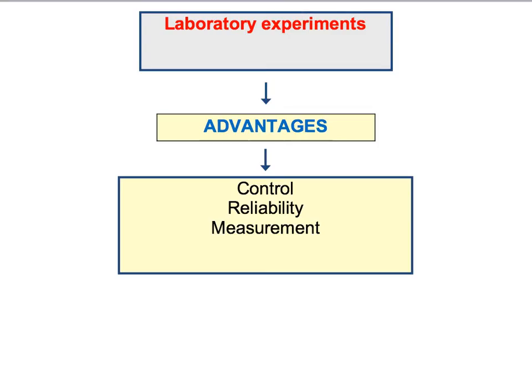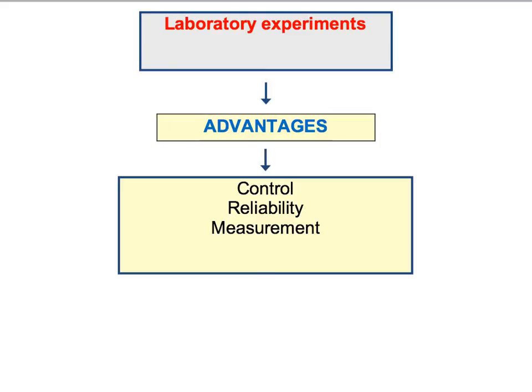Now, despite their unpopularity in sociology, laboratory experiments do have a number of potential advantages. As I've just highlighted, you can control the variables much more than you can do in an open environment. Experiments are one of the most reliable ways of doing research, so you can carry out the same kind of research in exactly the same way, and if you get similar results, then you can be more confident about the reliability of your data.